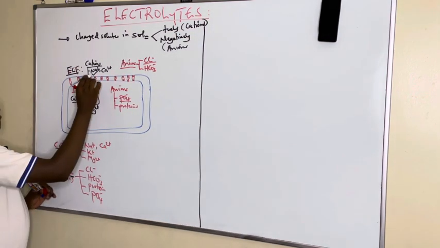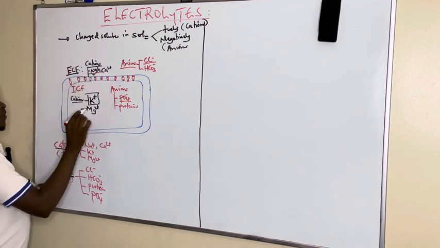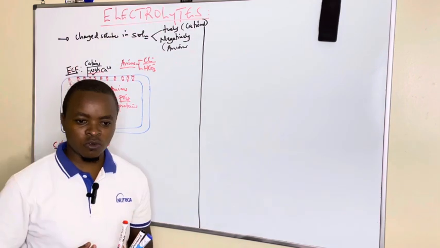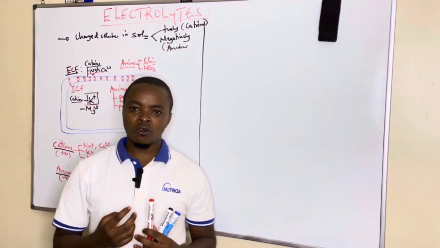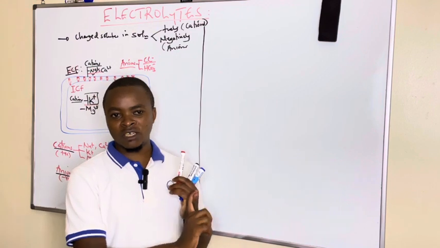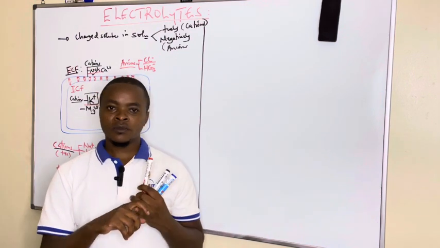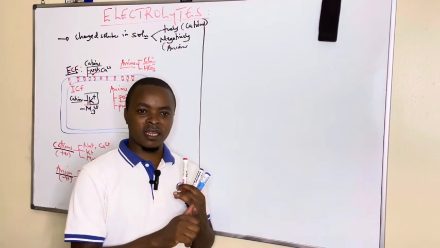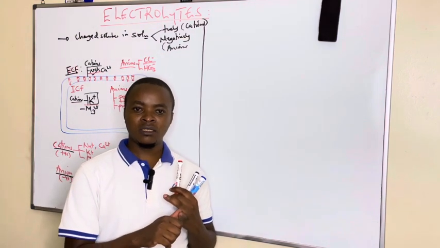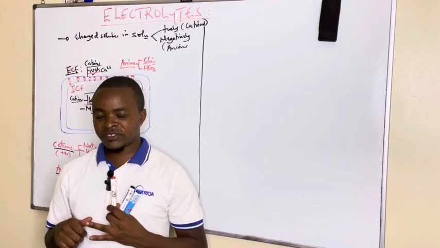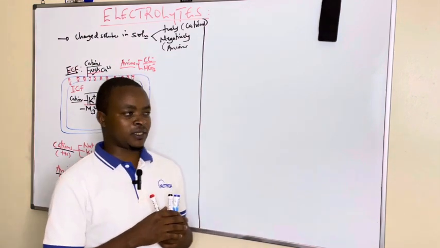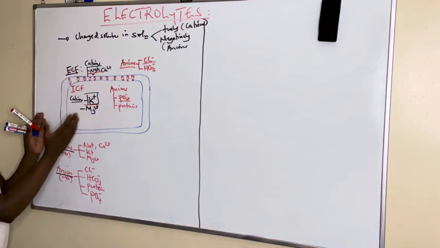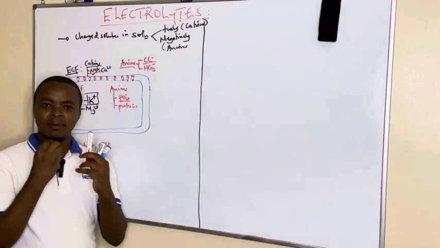The principal cation extracellular is sodium, and the principal cation intracellular is potassium. So whenever you get multiple choice questions, always remember the principal cation in extracellular fluid is sodium, and in intracellular fluid it is potassium. The principal anion in extracellular fluid is chloride, whereas in intracellular fluid it is phosphate ions. After understanding these cations and anions, both charges must balance.